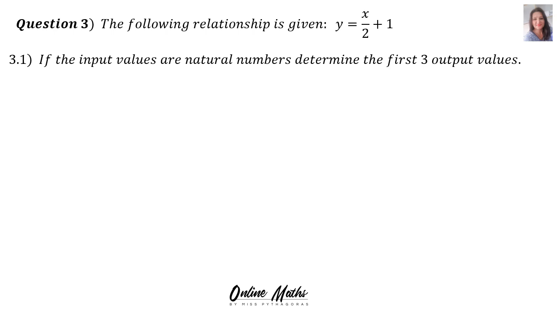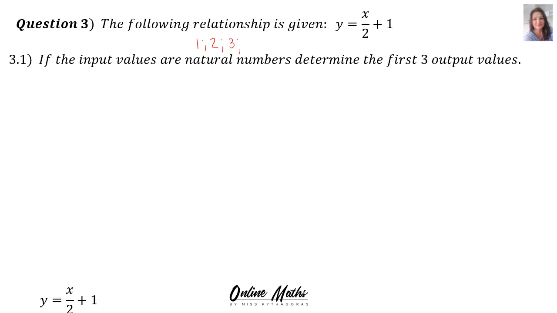So now that we know what the natural numbers are, we can find the first 3 output values. Remember, the natural numbers are 1, 2, 3, etc.